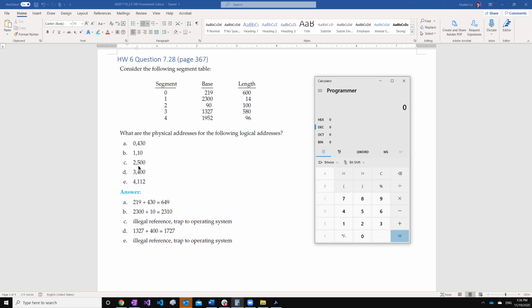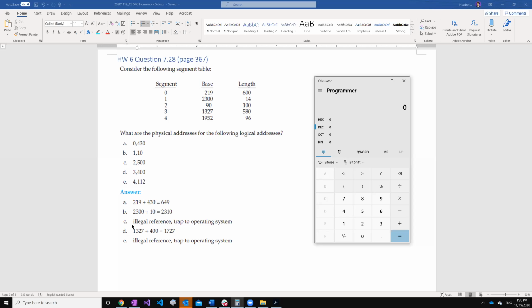That's the answer. No, it's not, because you must check the offset against the length. What is the maximum allowed offset that we can have here? Well, it should be less than the length by 1. Okay, so that is 100. And then check out, this offset is 500. What do you say? For this address, you will reach what?